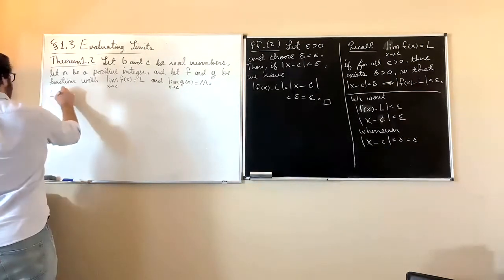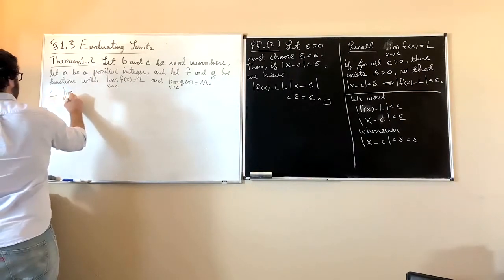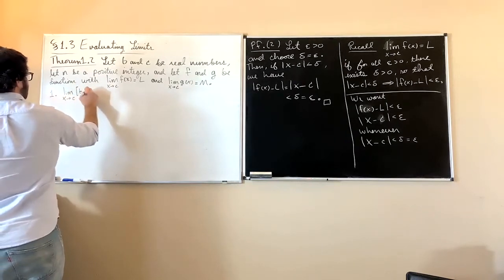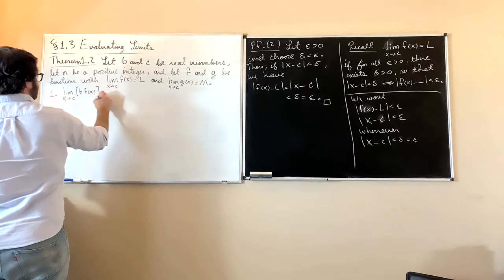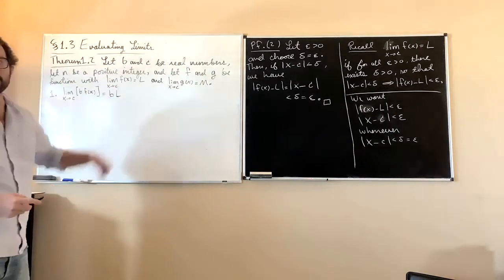So part one, the limit as x approaches c of b times f of x is equal to b times L. Again, b is just any real number.